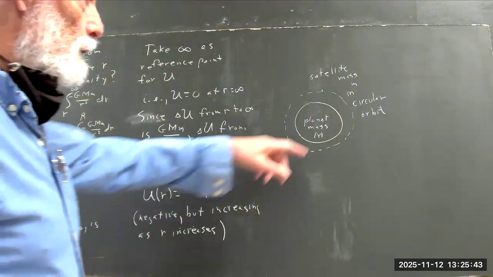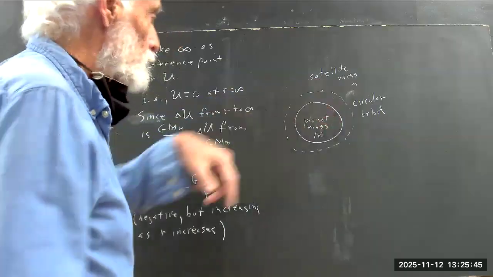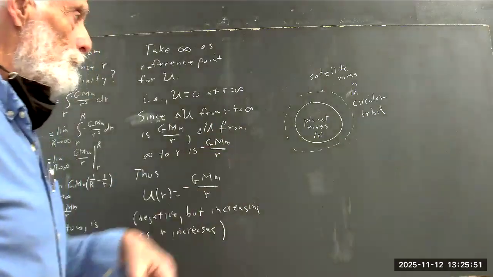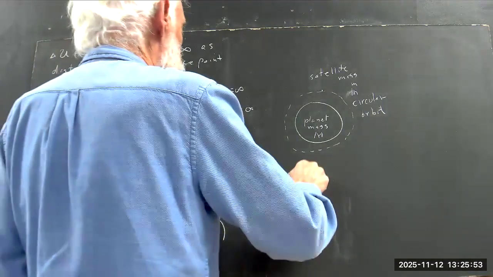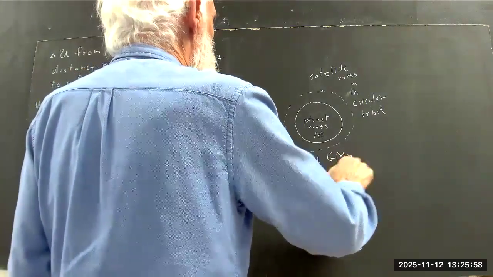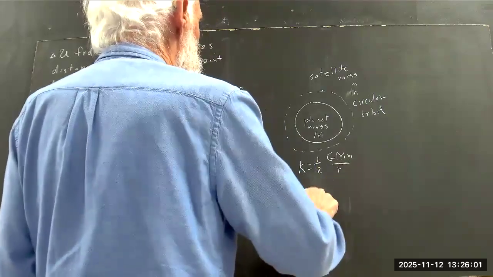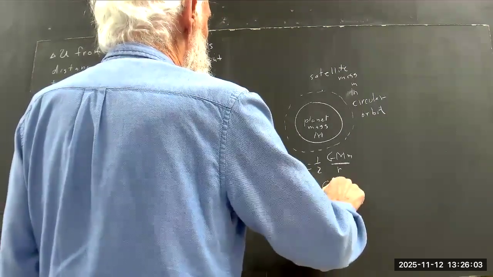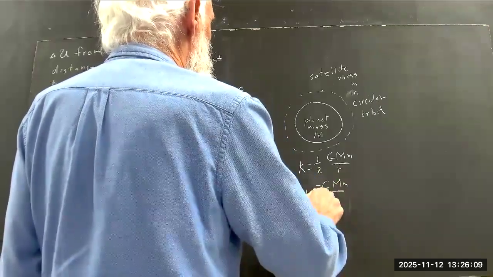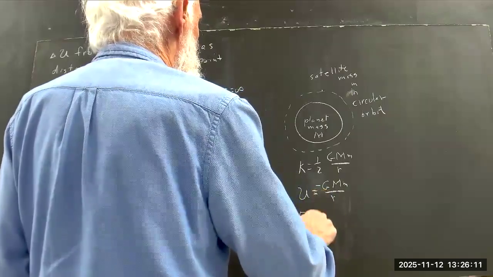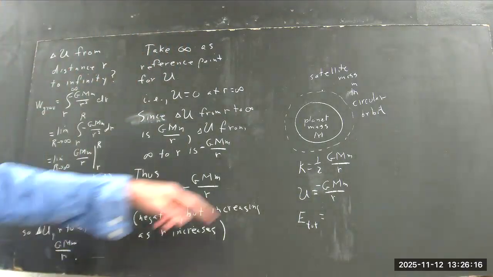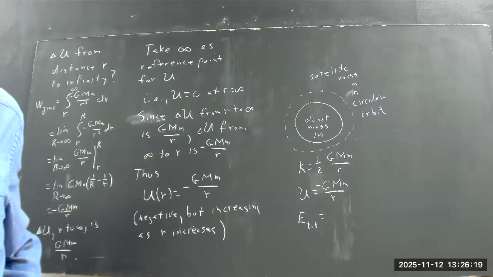It'll be a planet of mass little m. My n looks like an M, so in circular orbit, here's your kinetic energy, here's your potential energy.